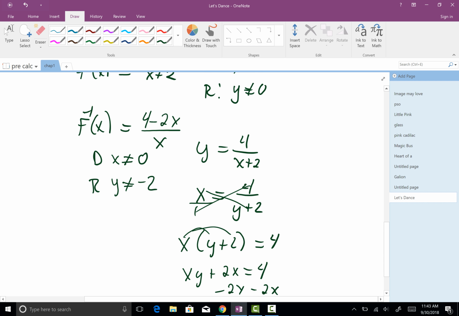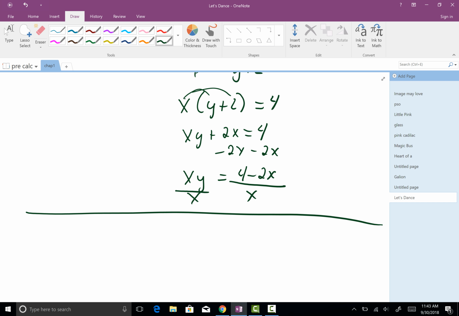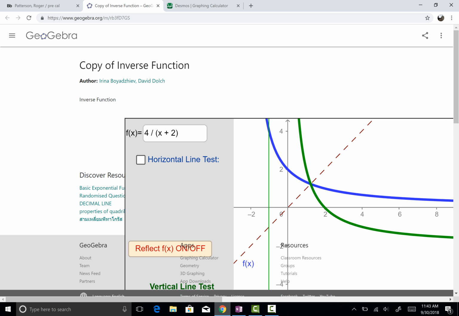The next question is, how do we know by the graph of a function if we need to restrict a domain? Or how do we know if a function is going to have an inverse or just be a relation? Well, let's go back to this guy, and I'm going to change this back to the x squared again.